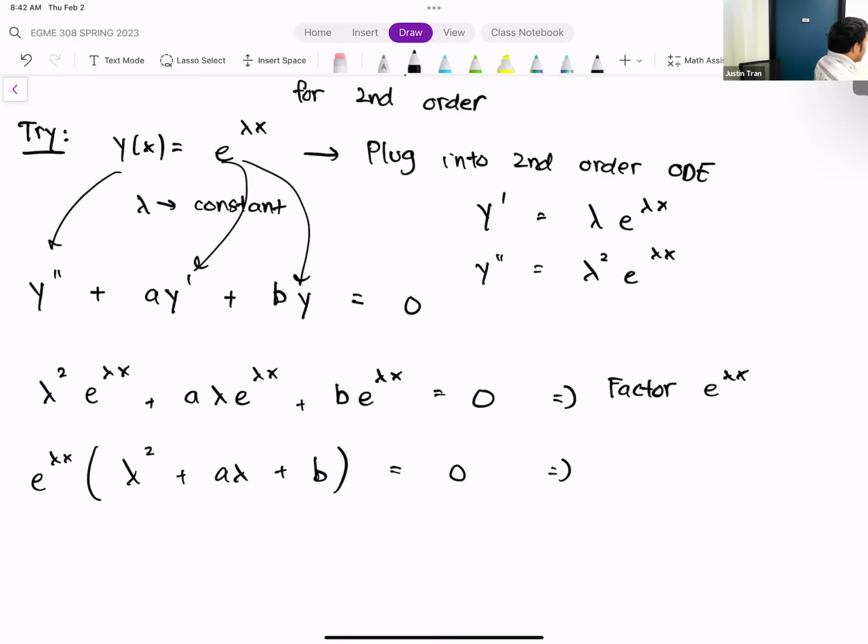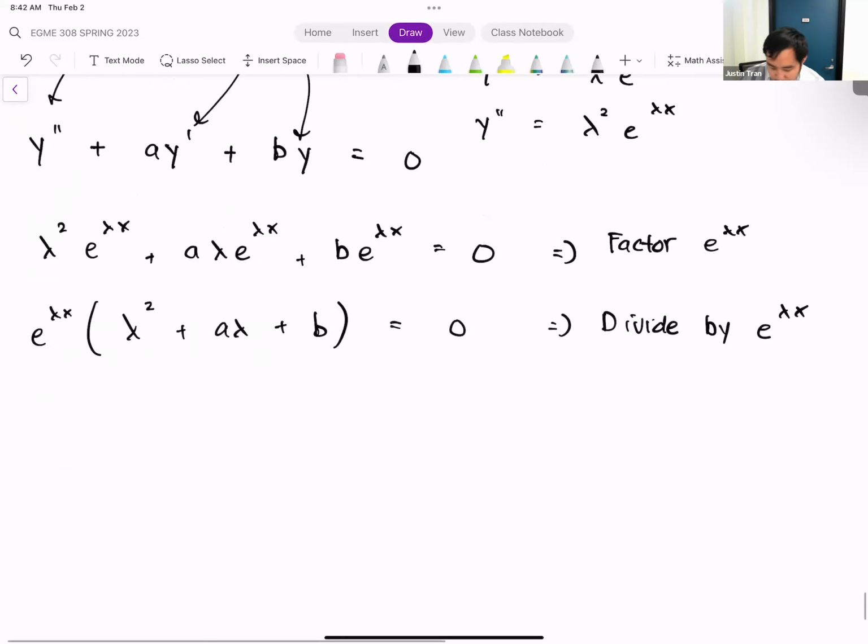We're in luck because the right-hand side of this equation is equal to 0. And so we can divide both sides by e to the lambda x, and it's going to cancel out. And so we get lambda squared plus a lambda plus b equals 0.